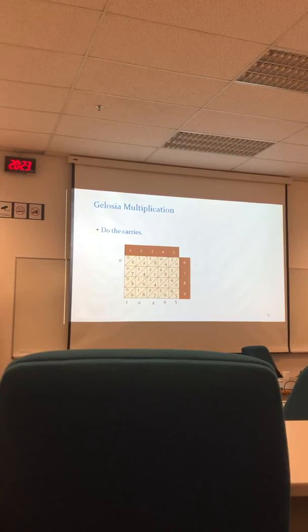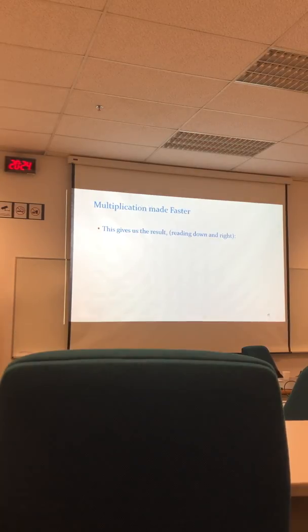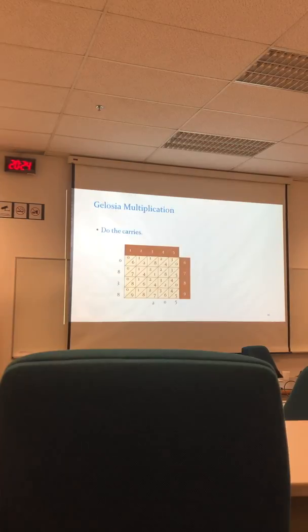So here 2 and 2, and the first 2 carries forward again. At the end, the carry forward will be here. So this way is also 20 single digit multiplications, 4 times 5. You read the result this way, top down.